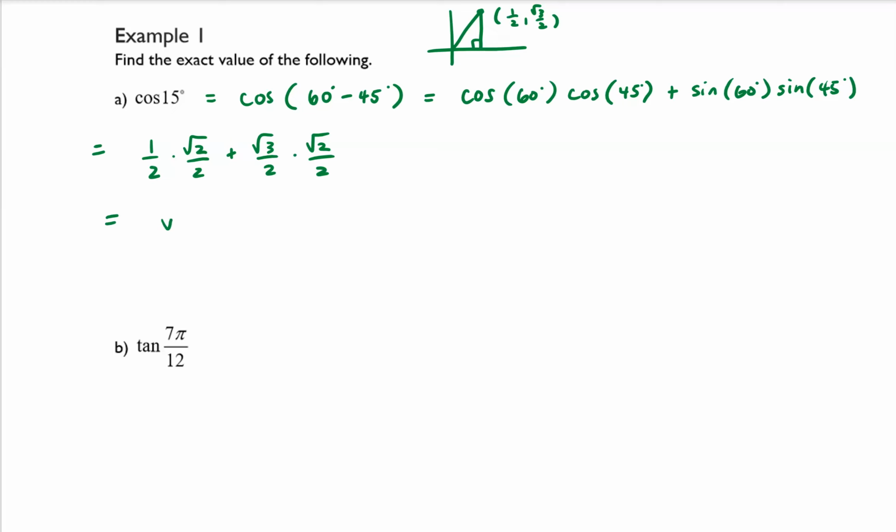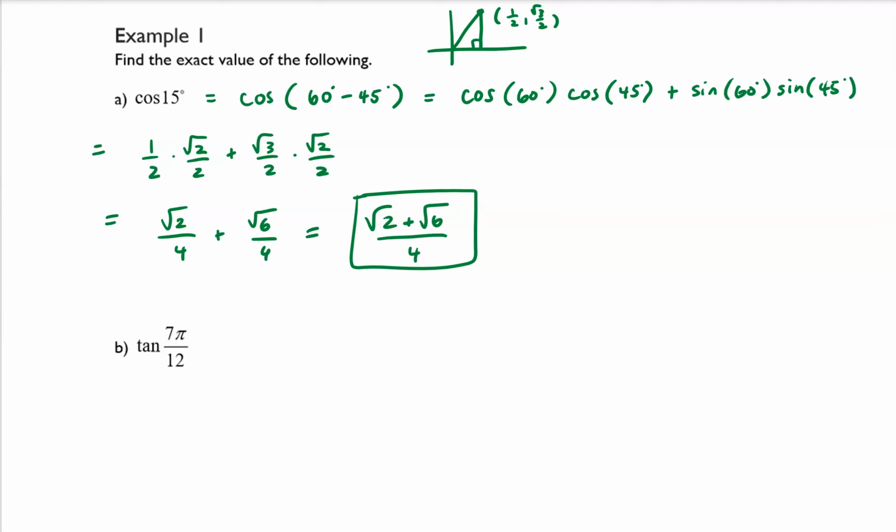And that ends up equaling, if we do multiplication, root 2 over 4 plus root 6 over 4, and then we can combine that into one fraction. So we have square root of 2 plus square root of 6 all over 4, and we can't really simplify that any further. And don't forget, it says that we want the exact value, and so we don't want a decimal approximation, so we'll leave our answer like that.